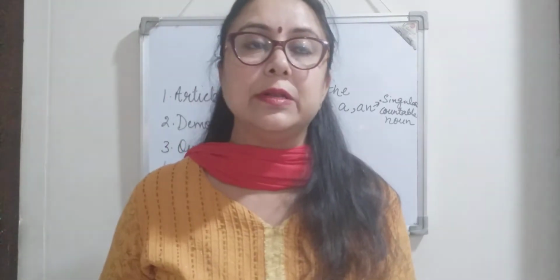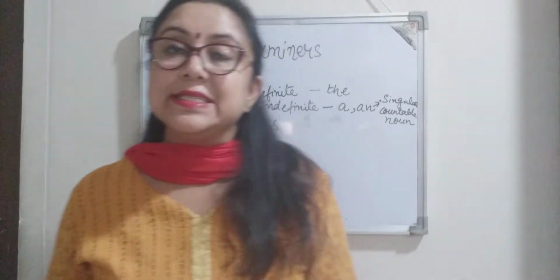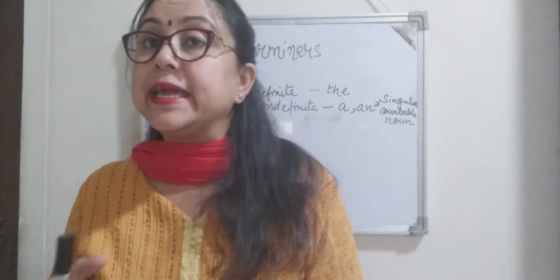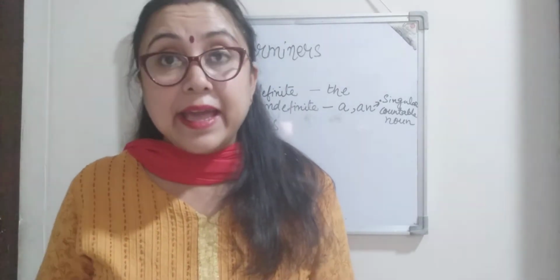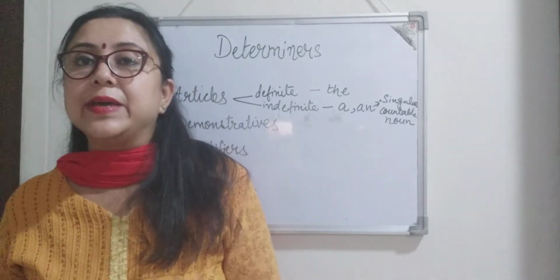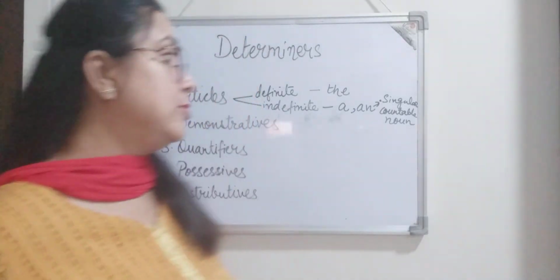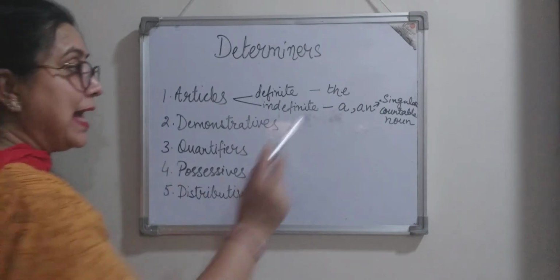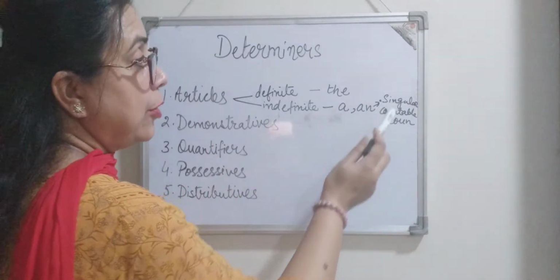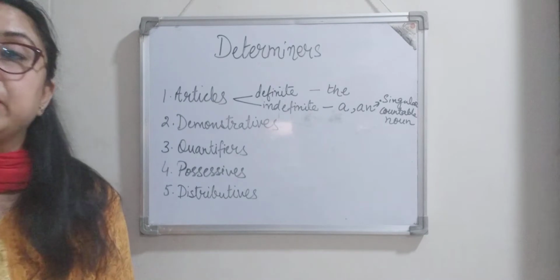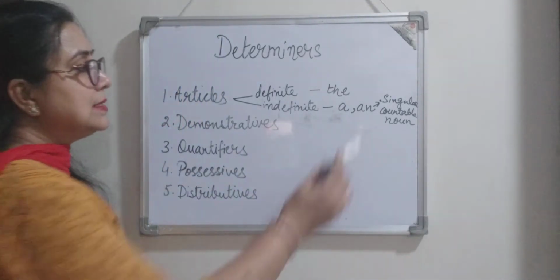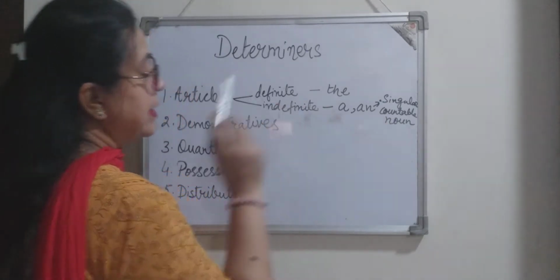For example, we will never say I ate an oranges, I ate an eggs. No. Why? Because a and an are used with singular nouns which can be counted, not the plural or maybe uncountable nouns. Fine. So we use these with singular countable nouns.